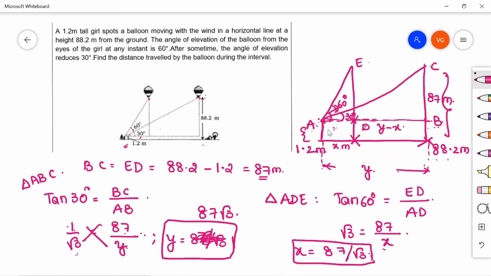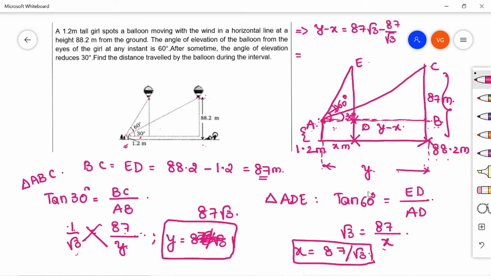The distance traveled by the balloon during this interval, that means this part, is Y minus X. So write down: distance traveled by the balloon is equal to Y minus X, that is 87 root 3 minus 87 divided by root 3.